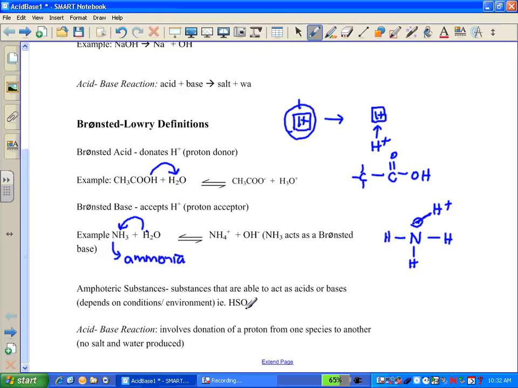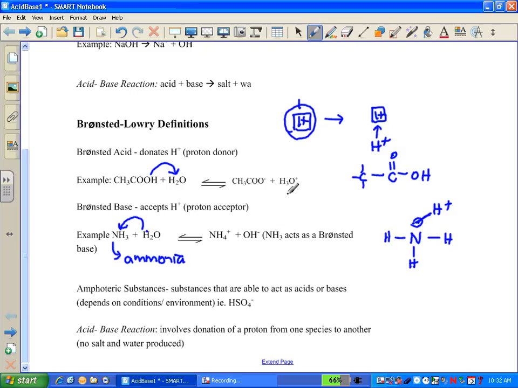Other examples of amphoteric substances are common polyatomic ions. So as you can see, this HSO4-, it has a hydrogen for donation, so it would be able to donate this. And it's also an ion and would be able to accept a proton to become H2SO4. So this is what an amphoteric substance is.